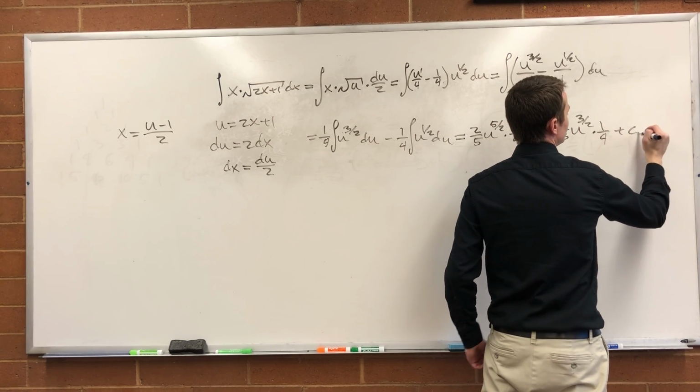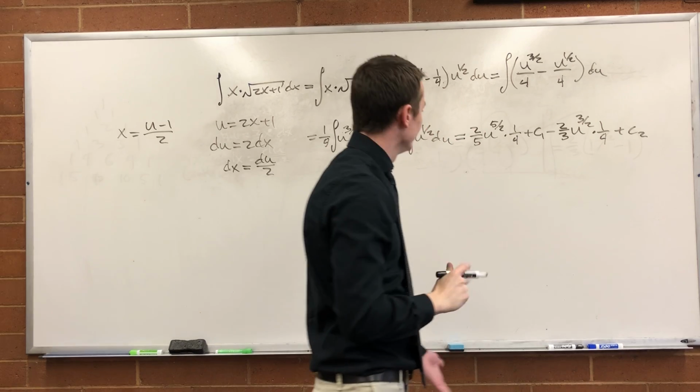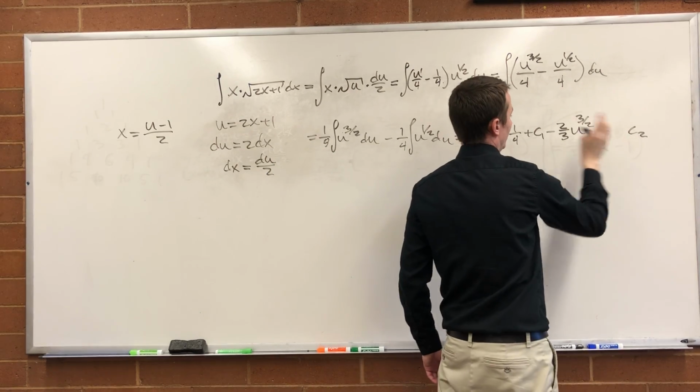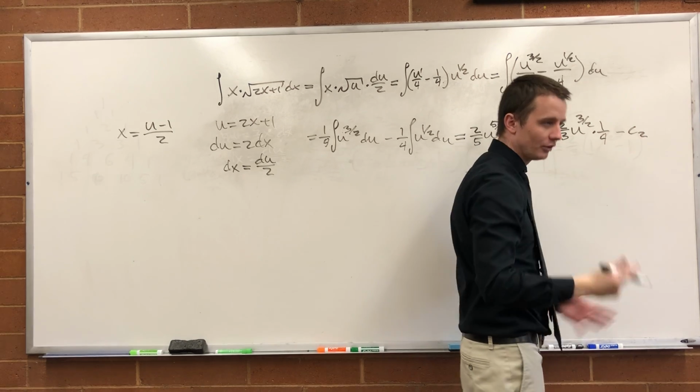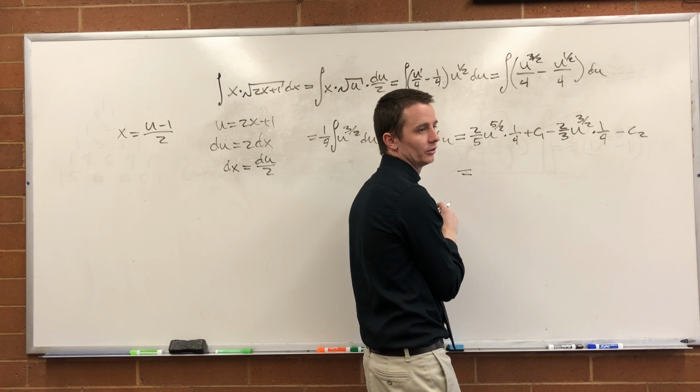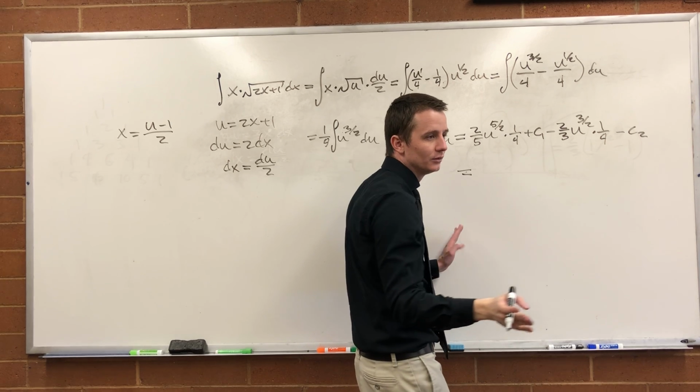Can't you just do one C? Yeah, you can. Since it's a constant, a constant plus a constant, or a constant minus a constant, is still a constant. So even if you're doing multiple indefinite integrals, you just need one plus C at the end and you're fine.